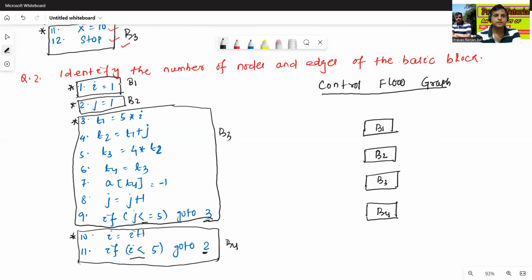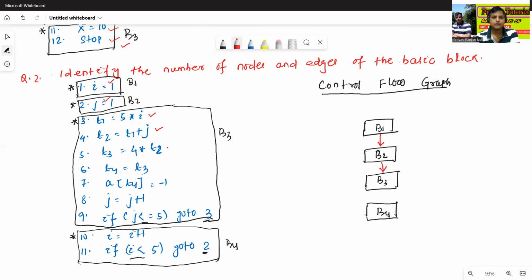First we'll execute line number 1, then line number 2. That means we can go from B1 to B2, so B1 to B2 is an edge. After B2, we execute line number 3 and then line number 4 onwards, so B2 to B3 must be an edge.